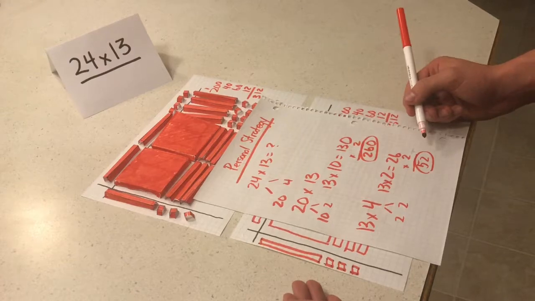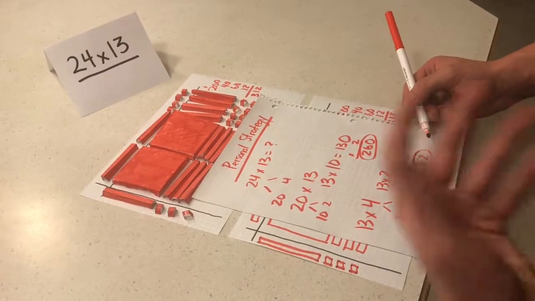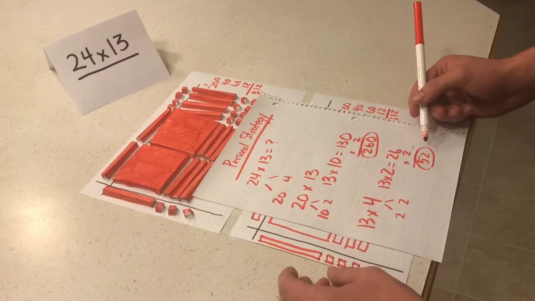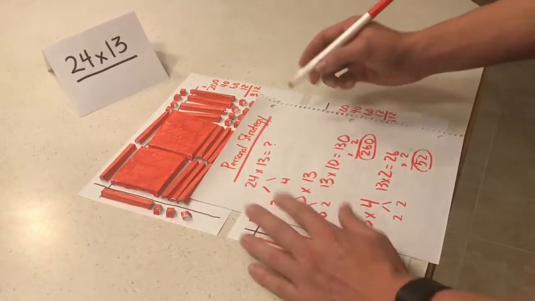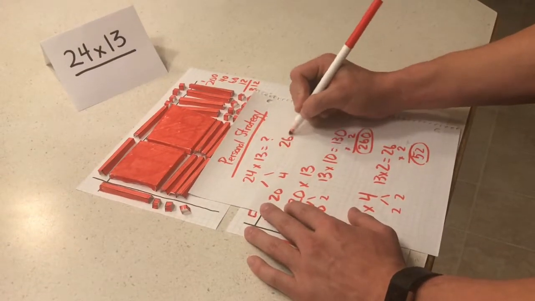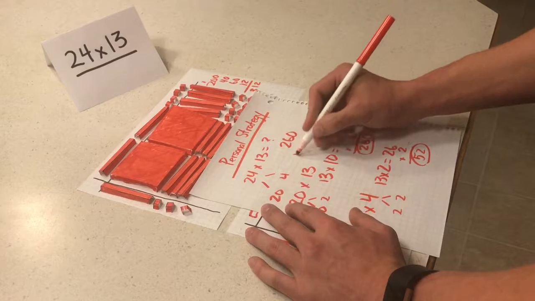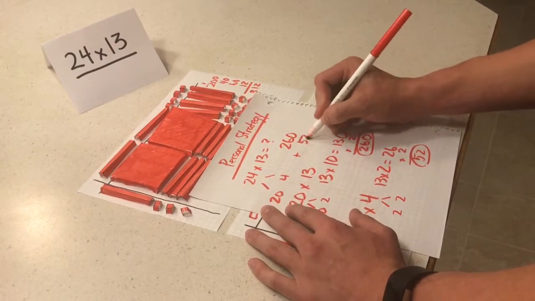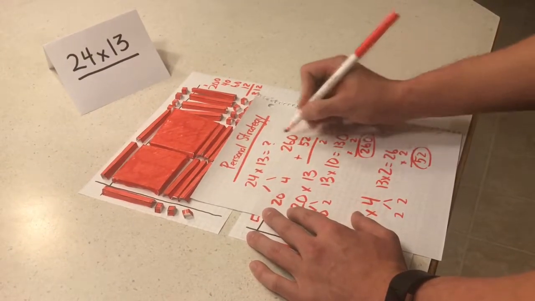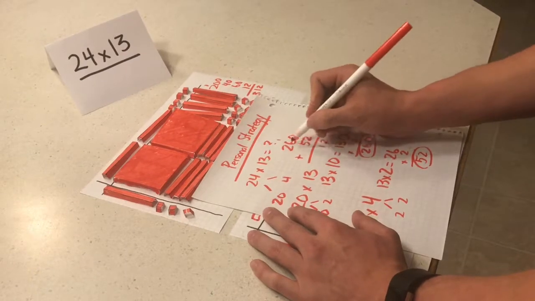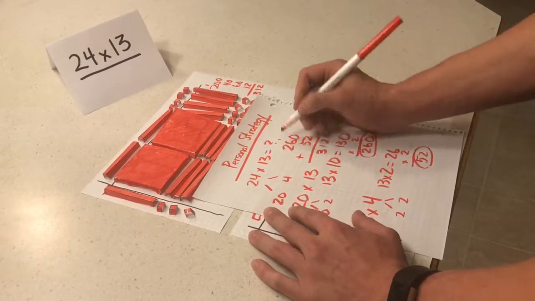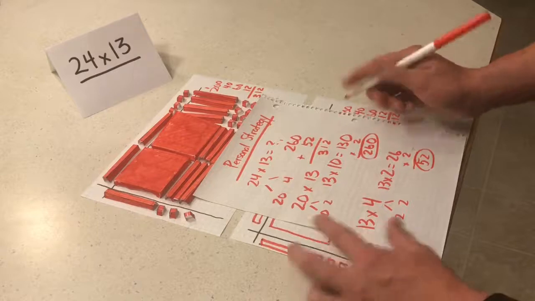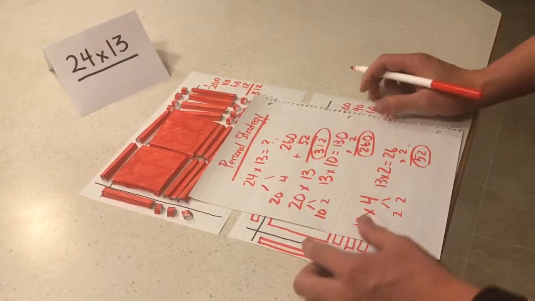Now that we have our 2 parts of the equation solved, all we need to do now is add together these mini sums in order to get the final answer. So 260 plus 52 would equal 312. And that is our final solution.